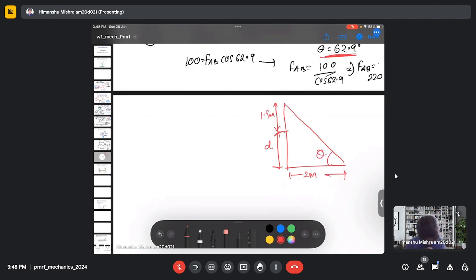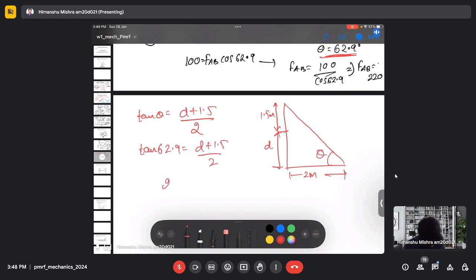So basically then my tan theta will be D plus 1.5 divided by 2, and my theta is 62.9, so 2 tan 62.9 degrees equals D plus 1.5.